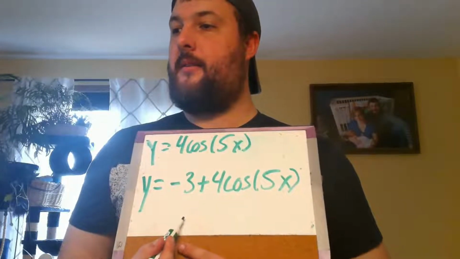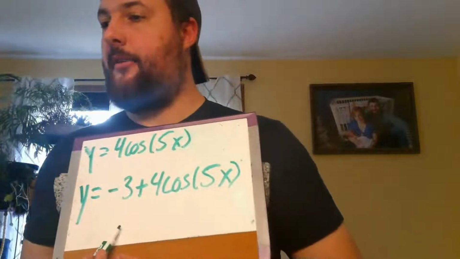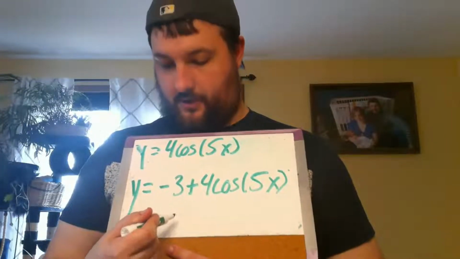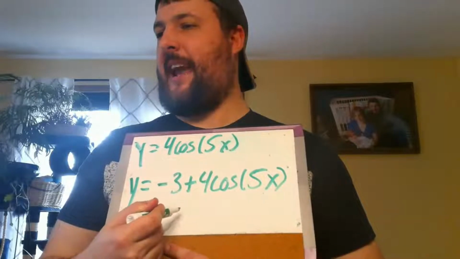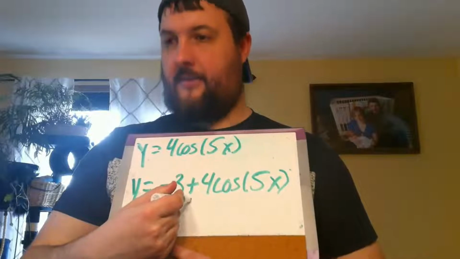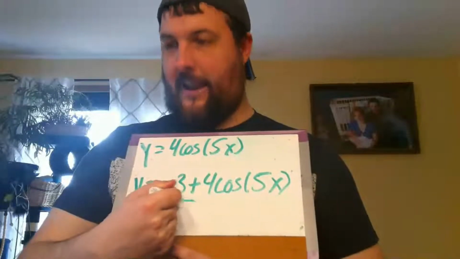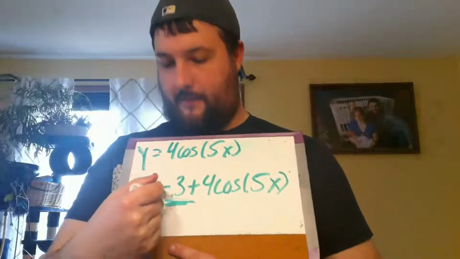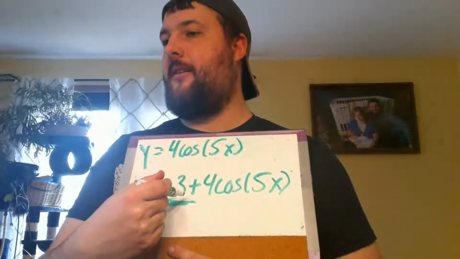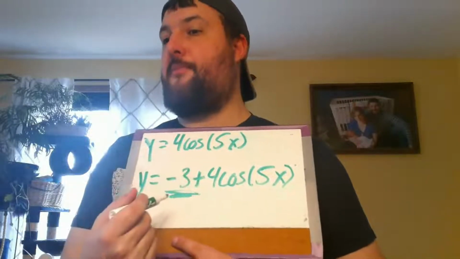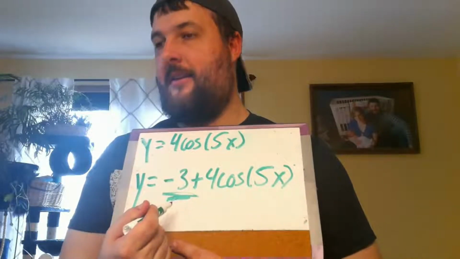So y is always equal to k. Think of k for constant, it's this value here. It can be in the front as well, but it's what's being added to the equation outside of the parentheses, right?